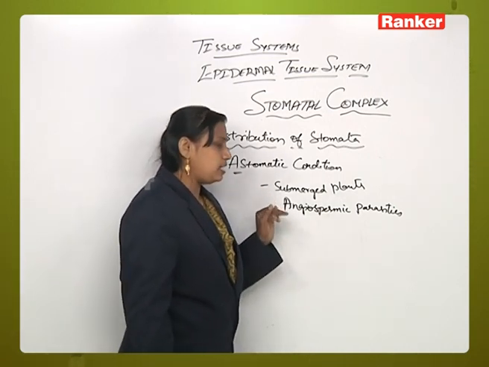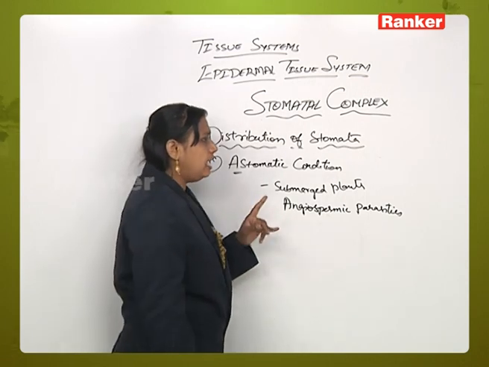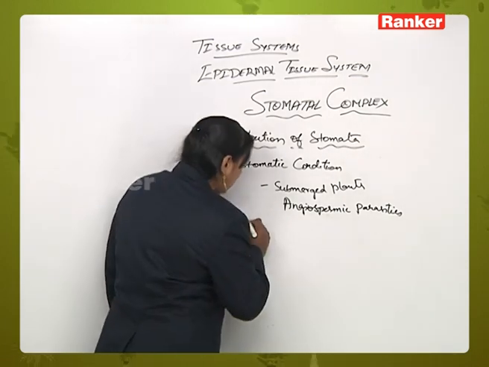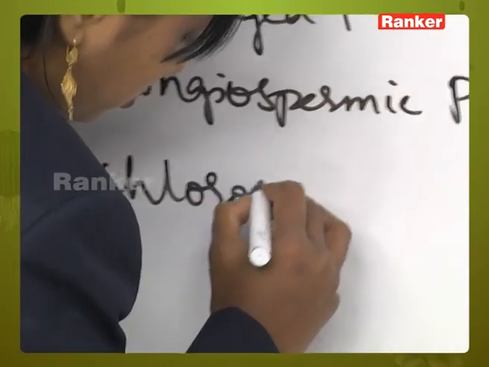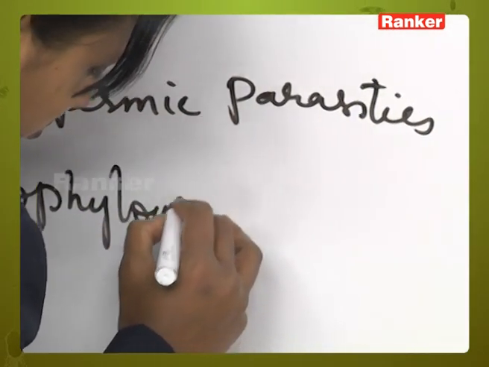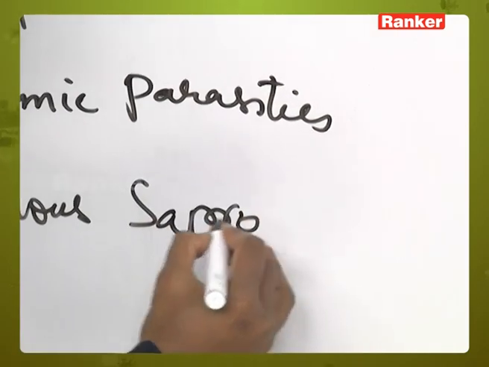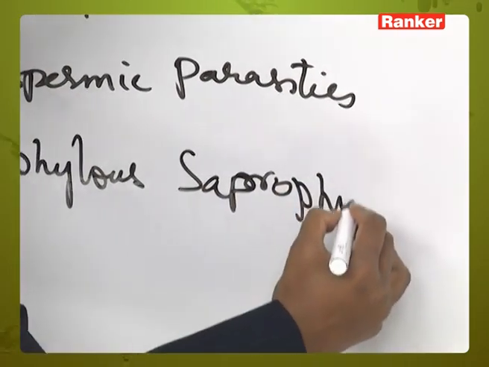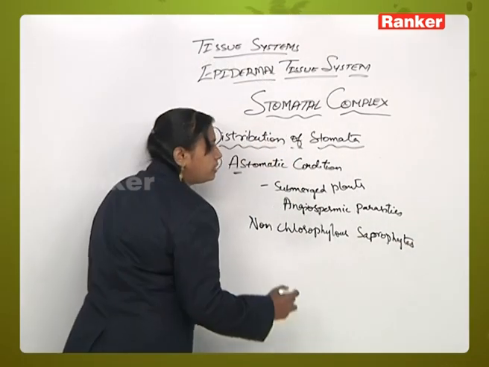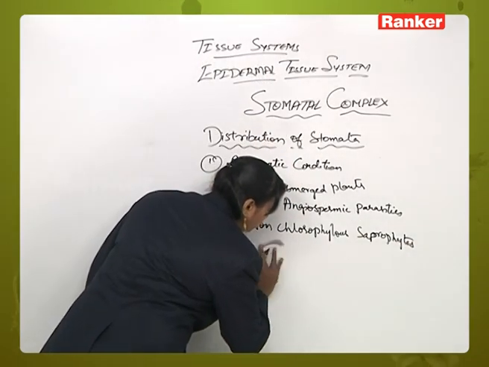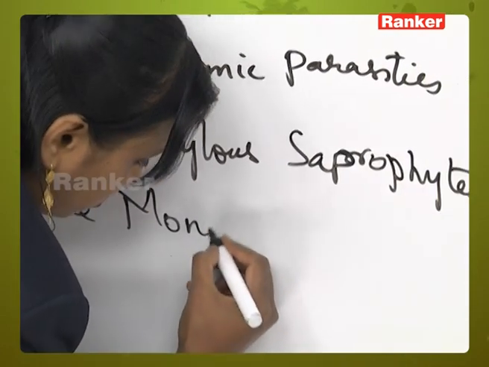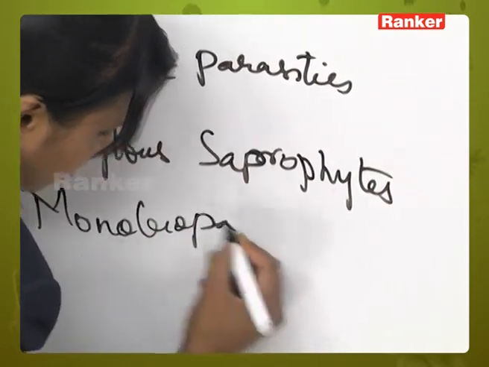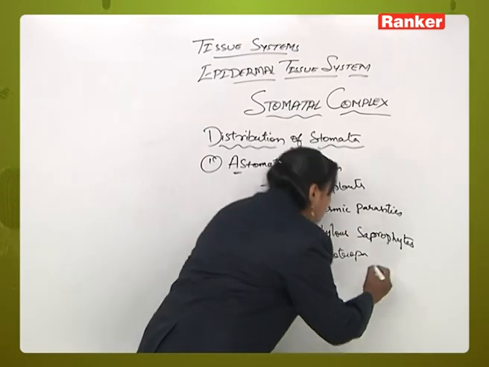So these plants will have astomatic condition. And in some non-chlorophyllous saprophytes like Monotropa. These examples are important.